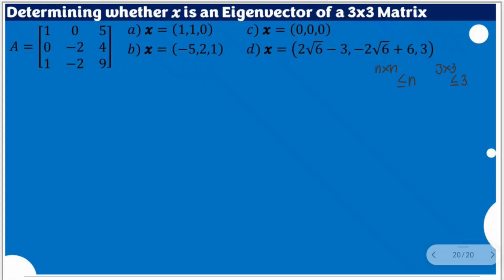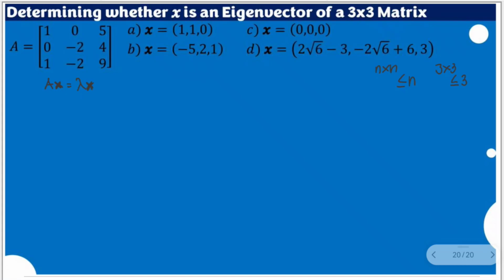Now, how do we determine whether a given vector is an eigenvector of a matrix, specifically a 3 by 3 matrix here? We need to show that there exists a certain lambda that will satisfy this given equation.